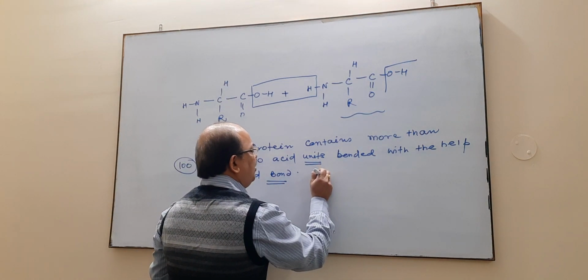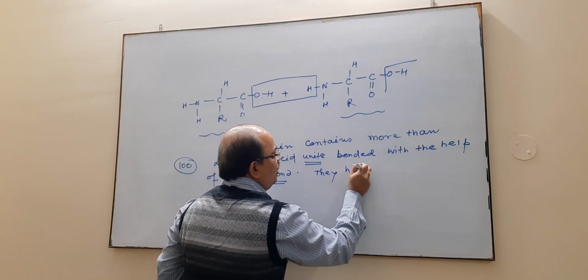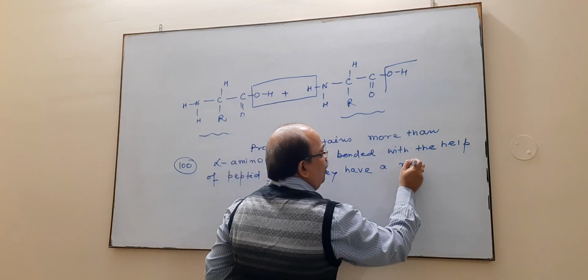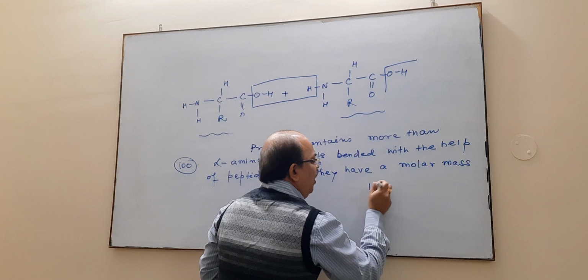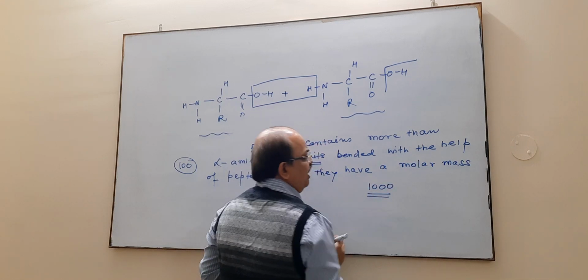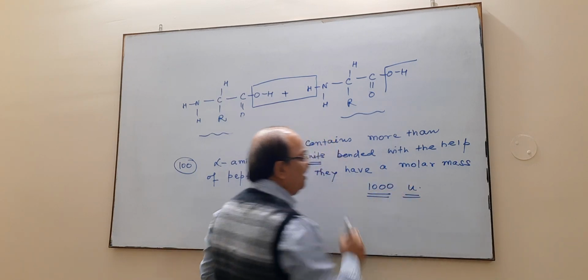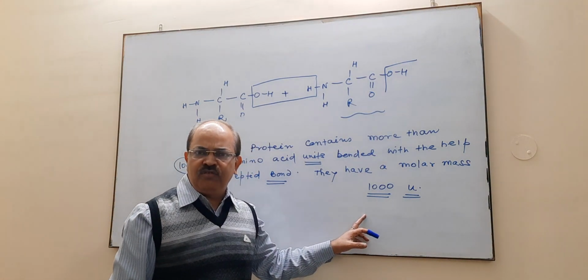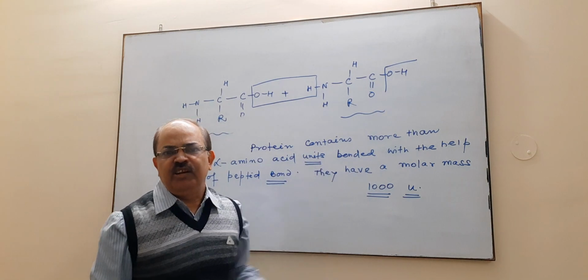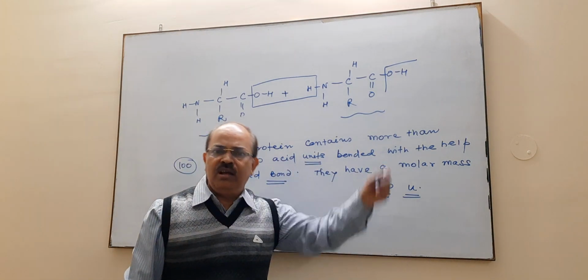So they have a molar mass or molecular mass of more than 1000 AMU. This will be your molecular mass, and when you write it in grams, it will be your gram molecular mass.